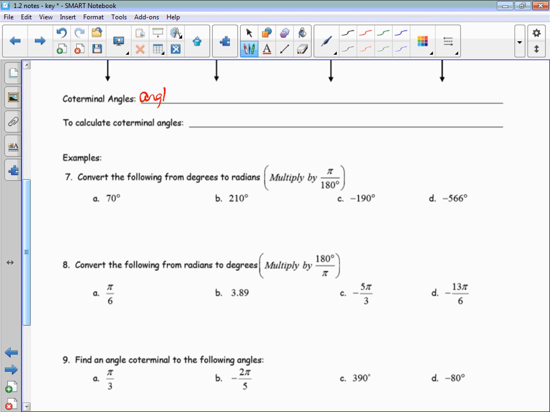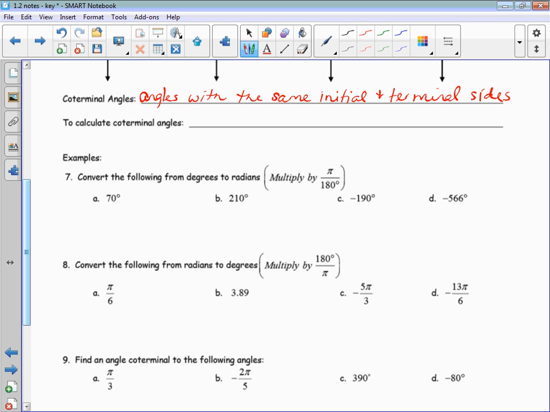So angles with the same initial and terminal side. Let me show you what that means.